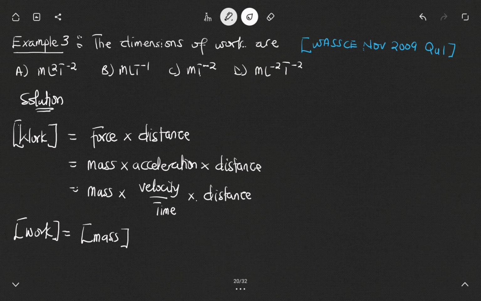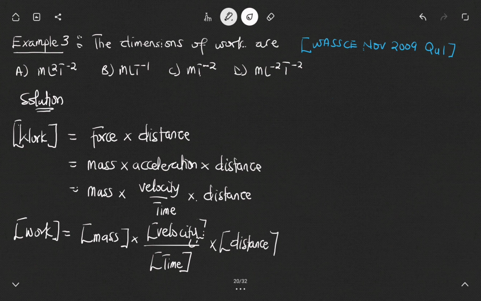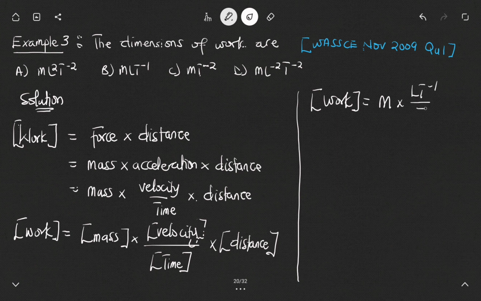It means the dimension of mass multiplied by the dimension of velocity over the dimension of time, then multiplied by the dimension of distance. So the dimension of work will be equal to M for mass multiplied by LT minus 1 for velocity, over time, multiplied by the distance, which is another L. If I send the T at the bottom to the top, it becomes minus 1.